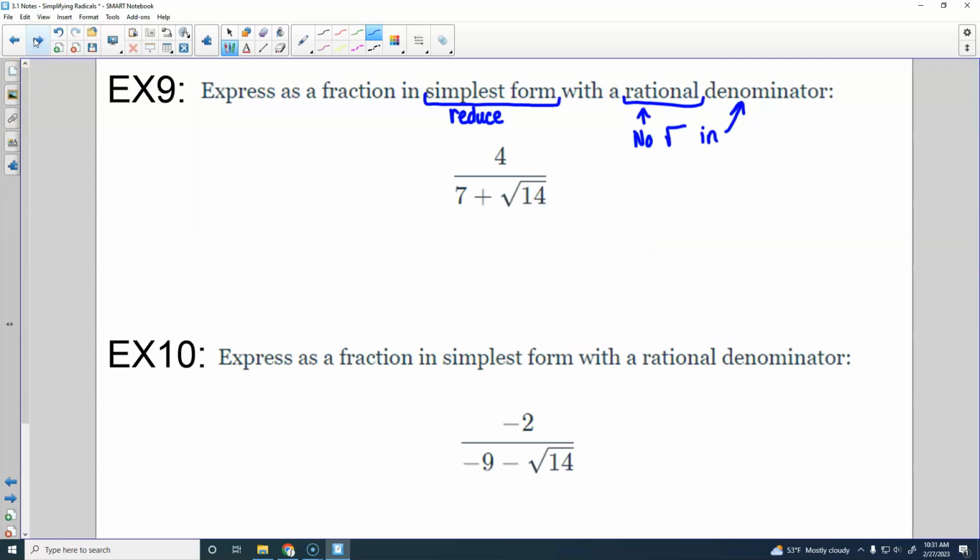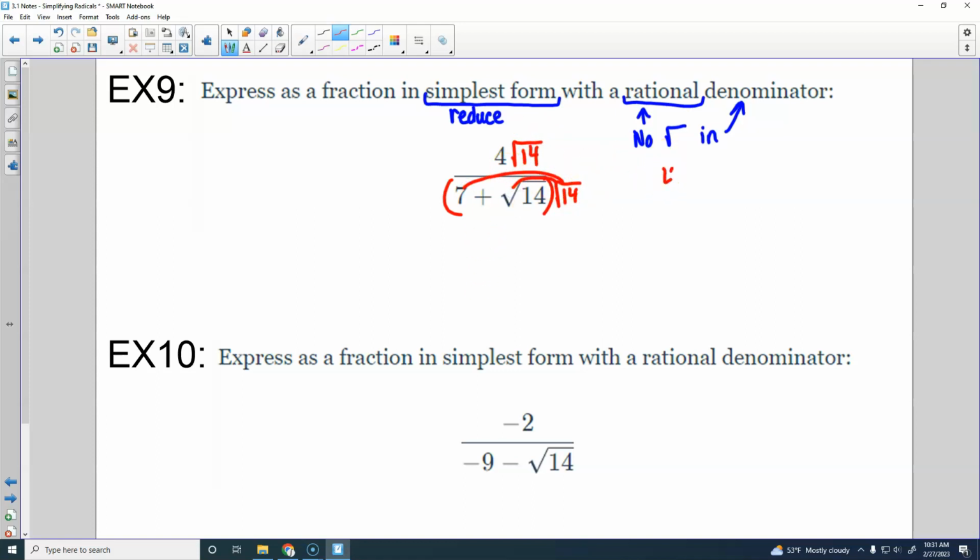But for number 9, we cannot just multiply by the square root of 14, because we have this 7 plus right here. So I'm going to do this. Don't write it down because it's wrong. Like if I tried to multiply this by the square root of 14 on top and bottom, the problem is that 14 would have to be multiplied by both of these things.